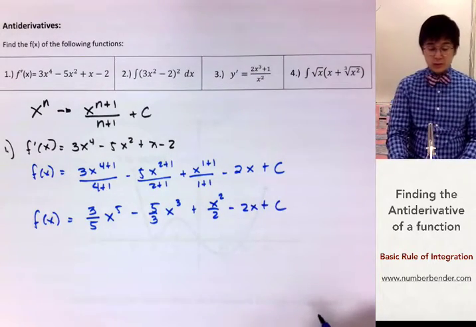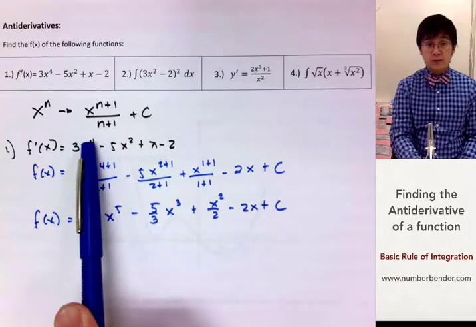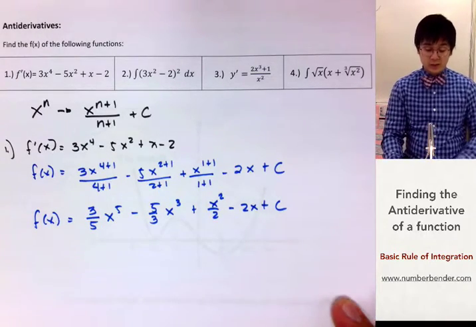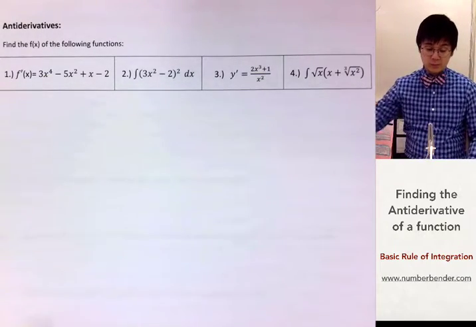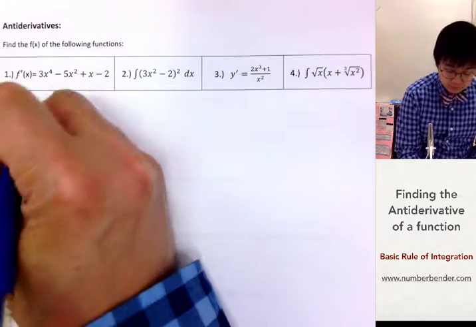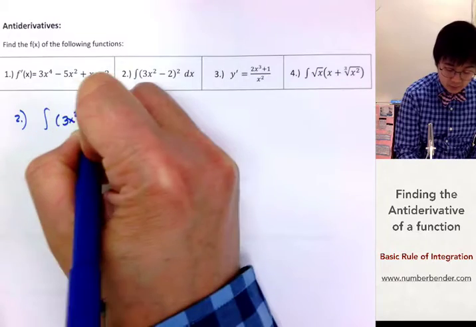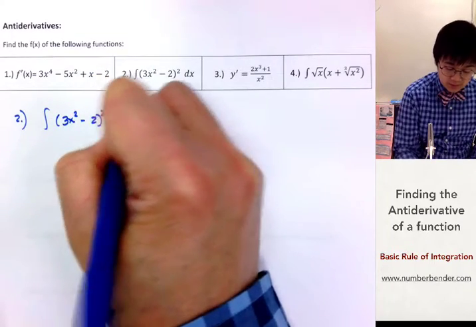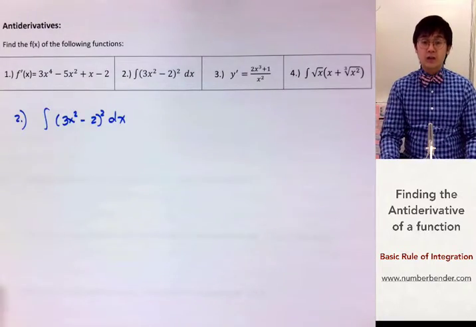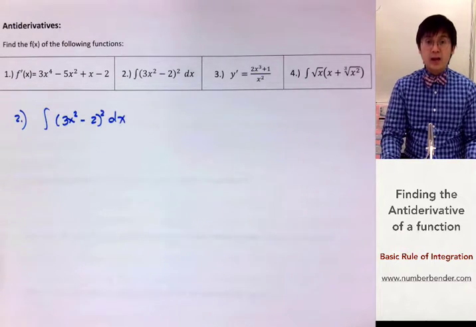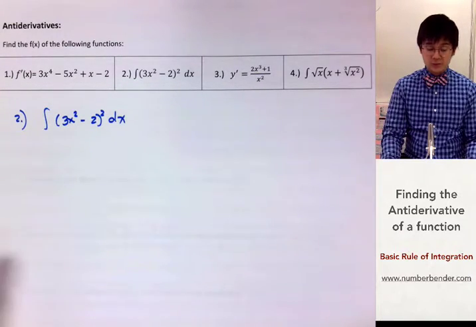This is how we use this formula in finding the antiderivative of a given function. Now let's use it for problem number 2. We have the integral of 3x squared minus 2, squared, dx. This is another way of writing the antiderivative of a given function.